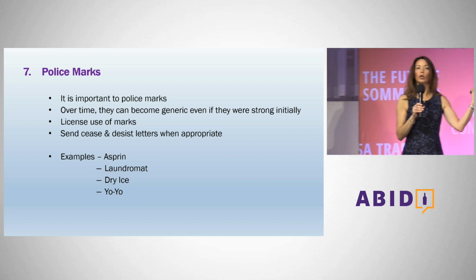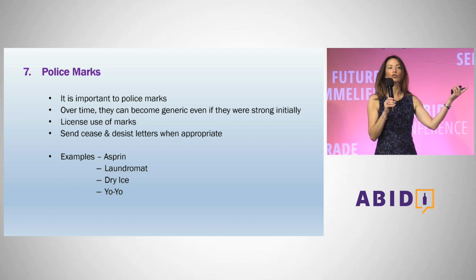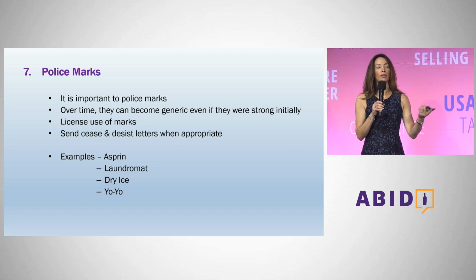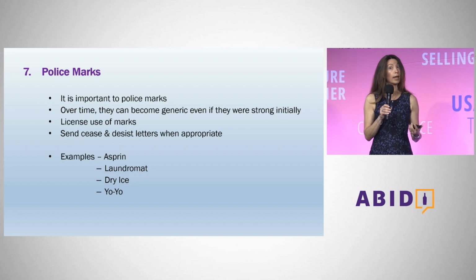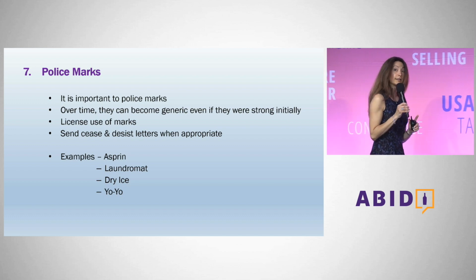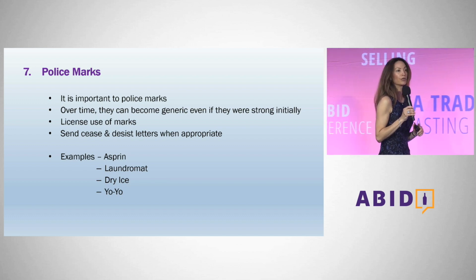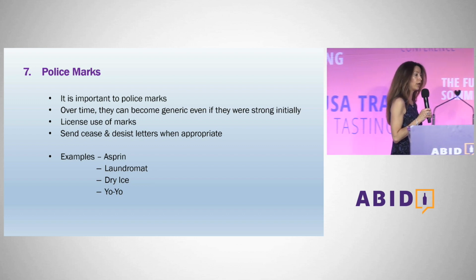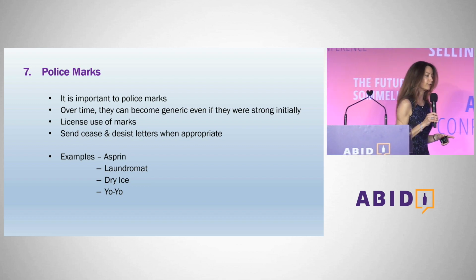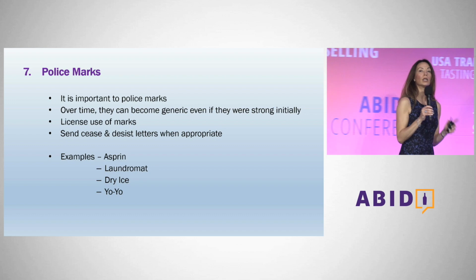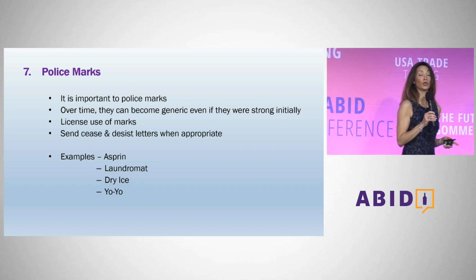Look, we were talking about Rolex earlier. You can go down the street, you may see a street vendor, and they'll have a watch, but it's called Polex, right? So it's not Rolex. It may look like one, but it isn't. When you pay $5,000 for one and you pay $5 for another, obviously the quality is going to be different. So what you really want to do is prevent people from using your mark.